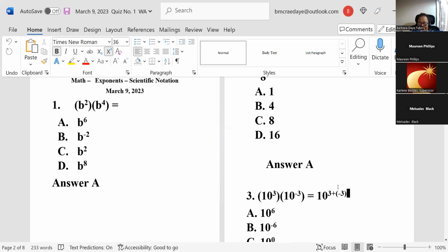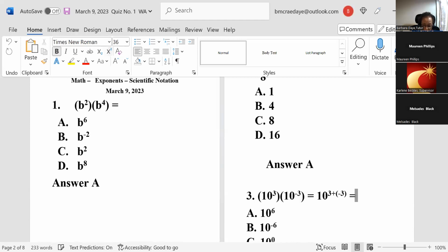No, this is not subtraction. This is a sign. You're adding 3 plus a negative 3. That's not a subtraction, that's a sign on the 3. So when you're adding a 3 plus a minus 3, that really is 3 minus 3, and that gives you what? 10 to the 0.